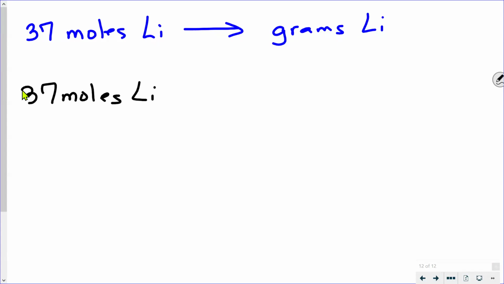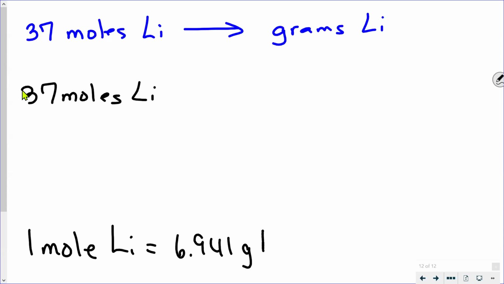Using that method, starting with units, 1 mole lithium equals what number from the periodic table? Are you asking for its mass? That's the only thing 1 mole would equal. All right, it says 6.941 grams lithium, right?